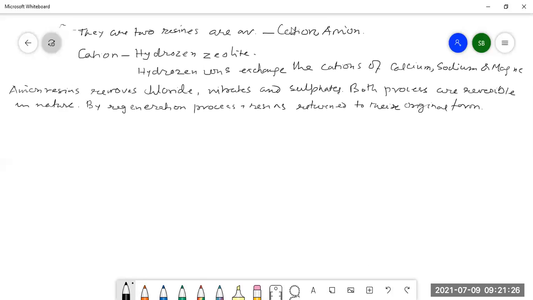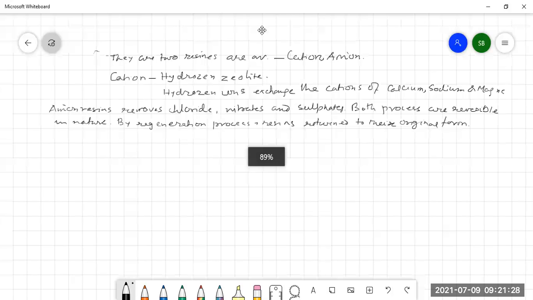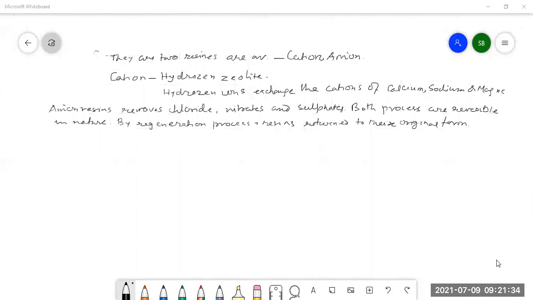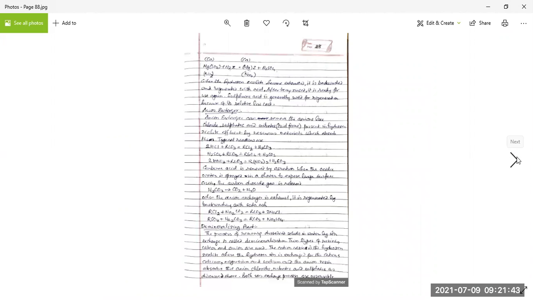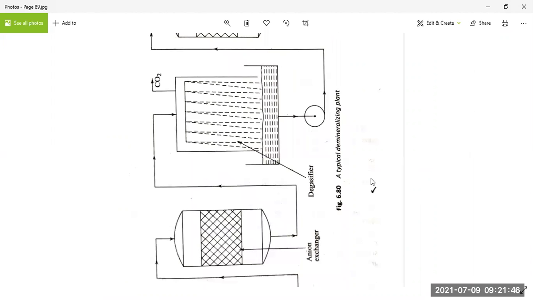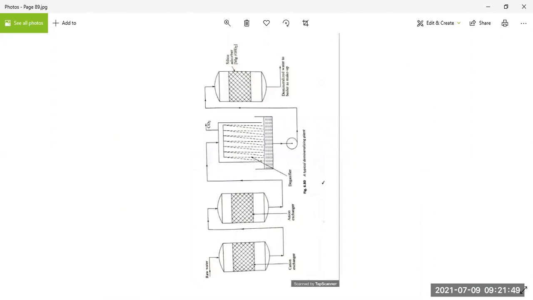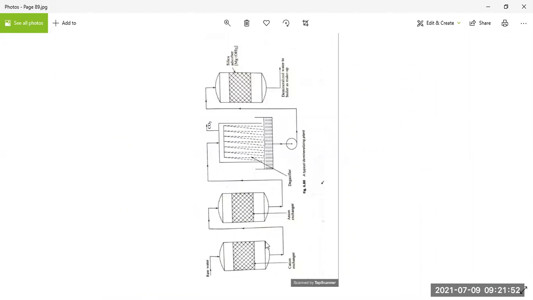Let us show the demineralization plant. This is the demineralization plant itself. This is a big tank, where the input is the raw water, and which contains the cation resins inside it. From the bottom, the demineralized water goes to the anion resin tank.